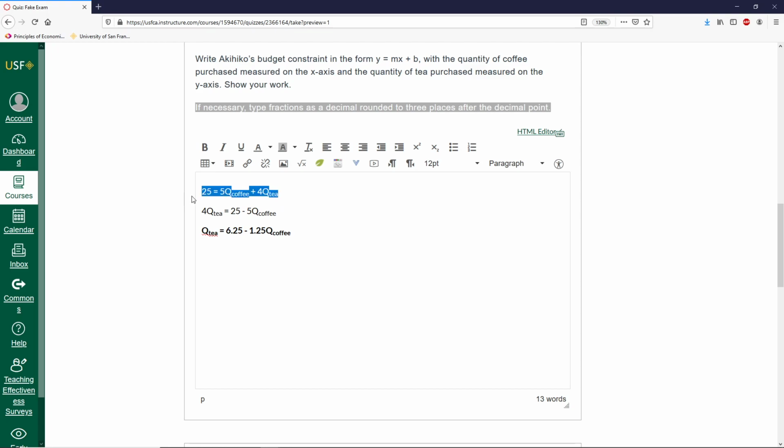Going from the first line here to the second line, all I'm doing is subtracting 5Q coffee, so that's one thing. So that should be the next line. And then after that, I am dividing by 4, so it's this line. So as long as you just take it step by step, one step at a time, and each new step is a new line, you just hit enter, then that'll be fine.